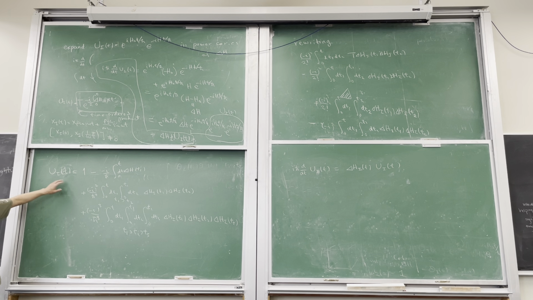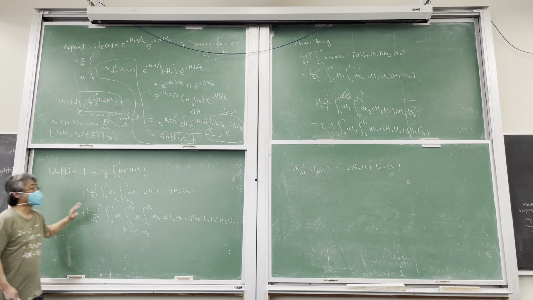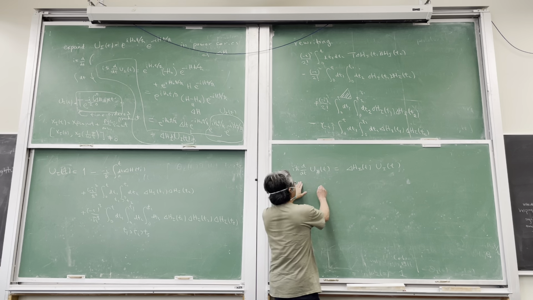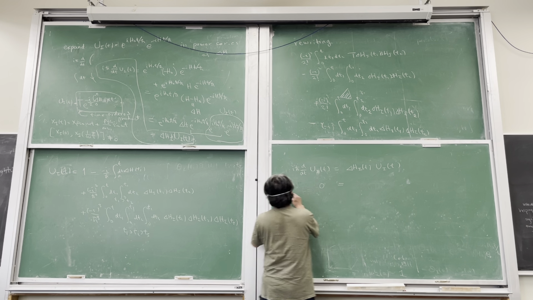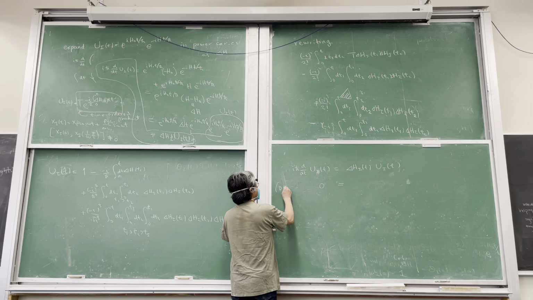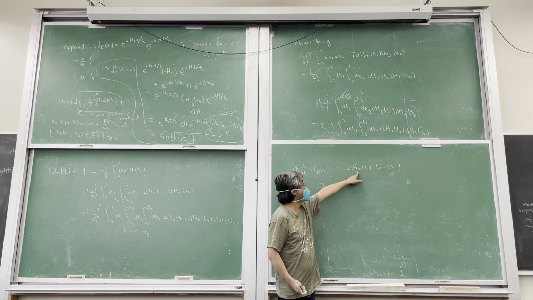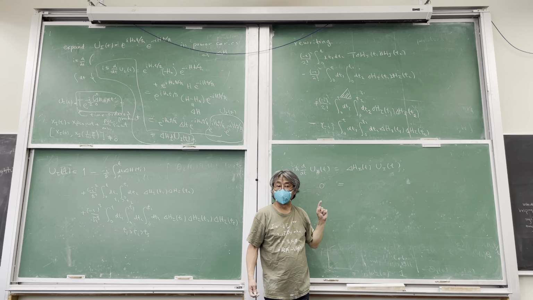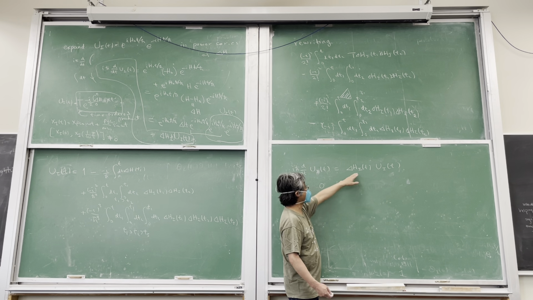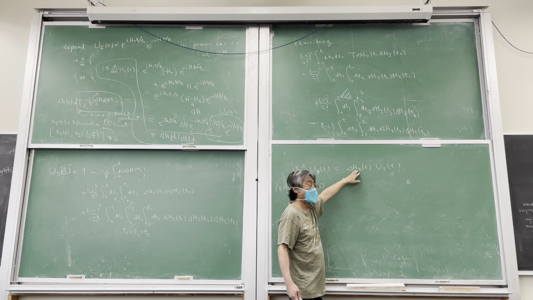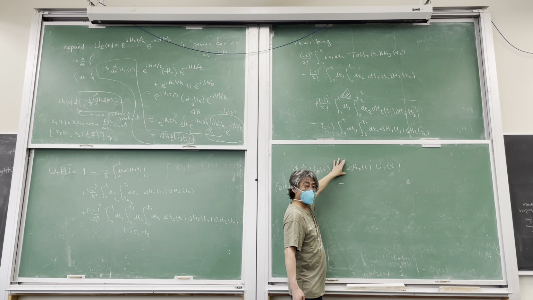If I take the derivative of the first one, time derivative of 1 is 0. So this is 0. And this is order delta H to the 0 power. And the right-hand side is always first power in delta H. So this is at least first order. There's no 0th order term. That's indeed 0. That's kind of trivial.